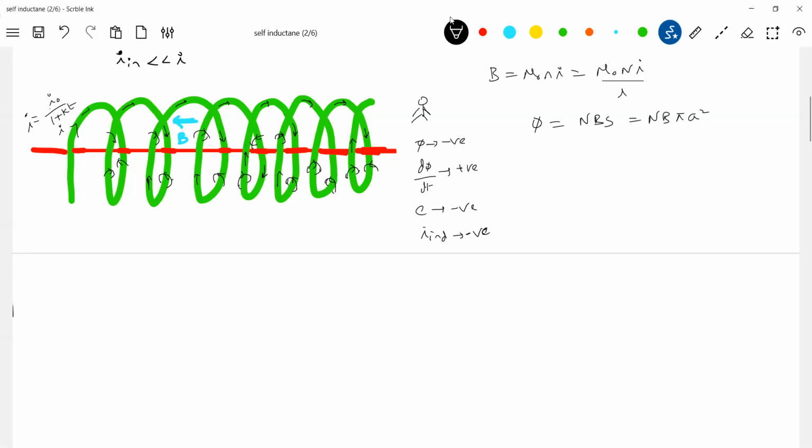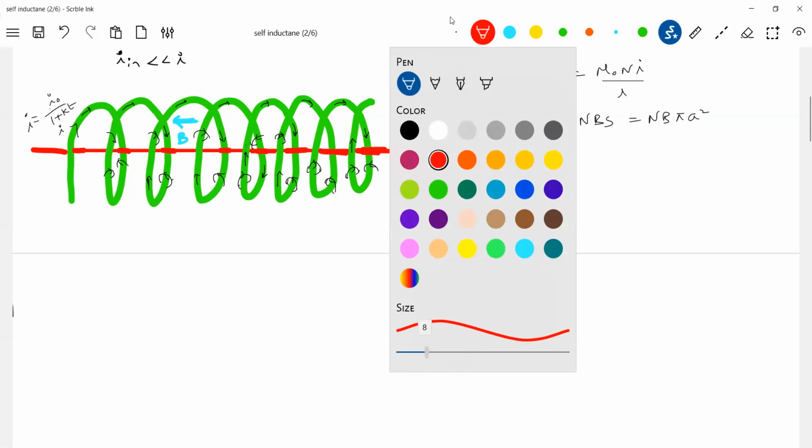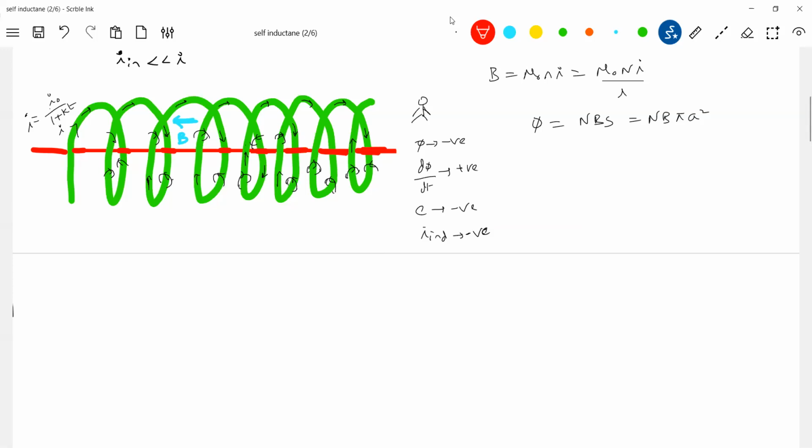So this is the actual current. How is the induced current now, according to Lenz's law, supposed to flow? It should flow in the direction of actual current, because the induced current should oppose the cause. What is the cause? Decreasing current. So here the induced current will try to increase it. This is a core idea.